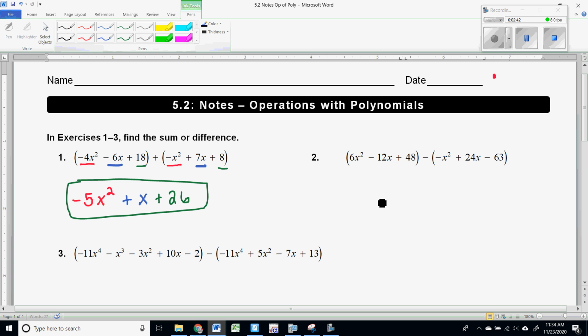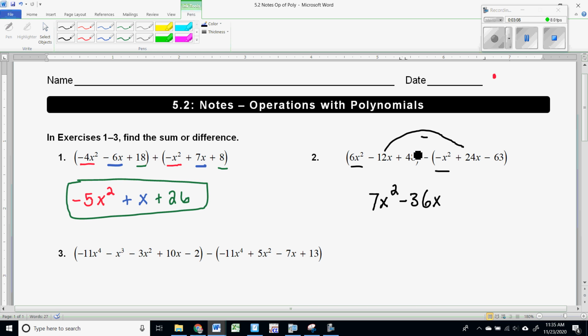If we have a subtraction, we do the same type of thing. 6x squared minus a negative x squared. Minus a negative makes this a plus, so that is 7x squared. Negative 12x squared minus 24 would be negative 36x.